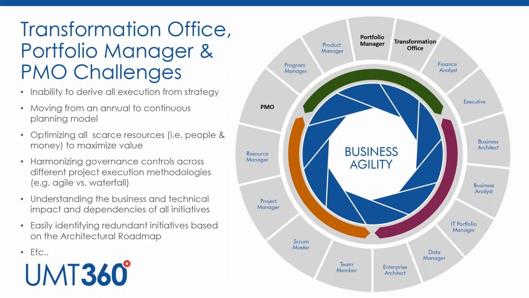The push from moving to that kind of static annual planning to more of a continuous dynamic planning process, which is key to driving agility. The ability to have the visibility and control so you can continuously optimize your precious resources, both people and money, to maximize value. One of the things we'll talk about to a degree is what we call the trimodal reality.